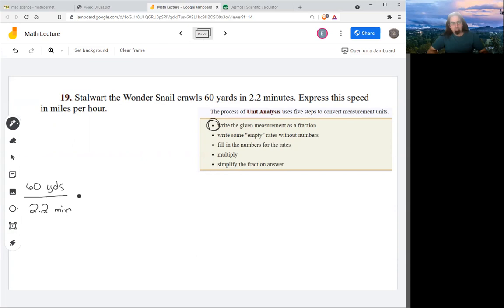Okay, as before, we don't want yards and we don't want minutes. We want miles an hour. So we're going to have to change things. We'll need at least 1 change to go from yards to miles. We'll need at least 1 change to go from minutes to hours.